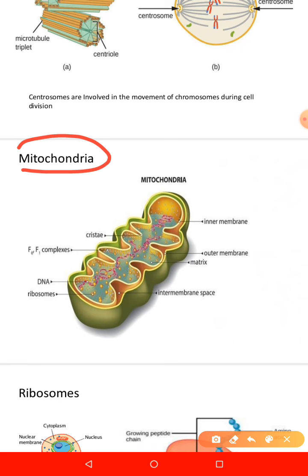And during this oxidative process, water and carbon dioxide are produced. When we say it's involved in synthesis of ATP, the components of the respiratory chain, complex 1, complex 3, complex 4, and complex 5 are found within the mitochondria, the ATP synthesis.